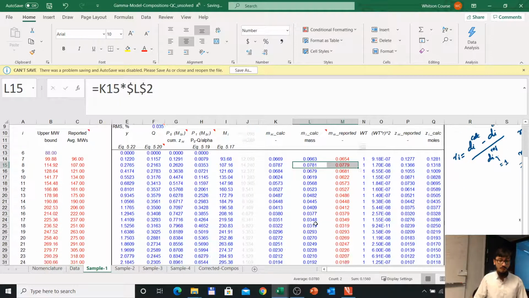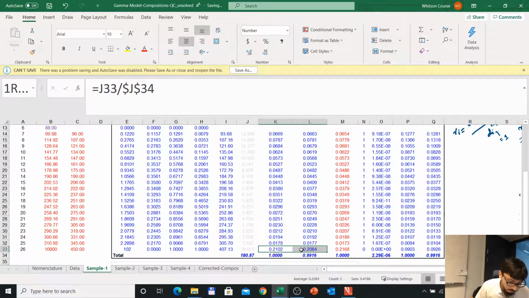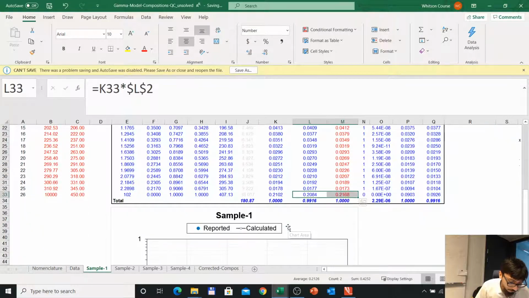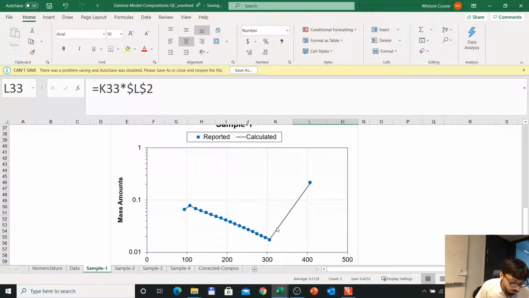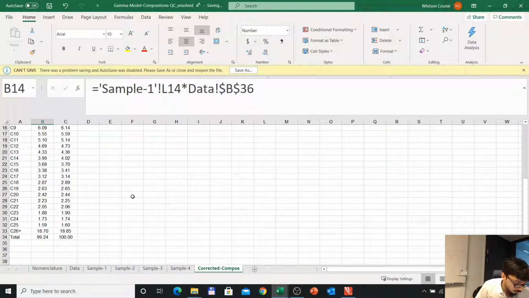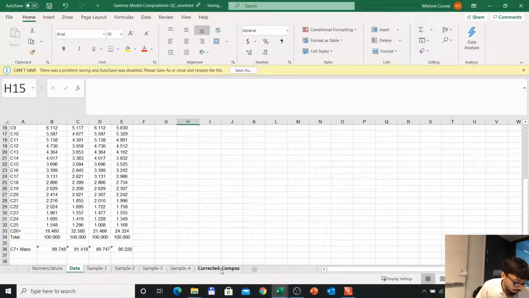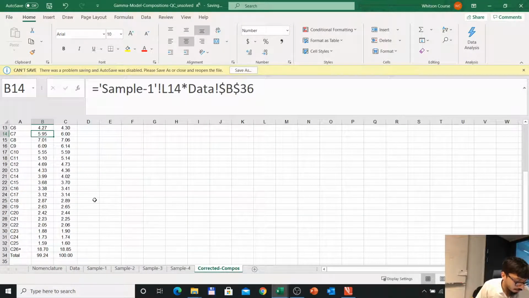It's a very good match, but you cannot force the model to match each component with pinpoint accuracy, and you also have some mismatch in the heaviest fraction. But we can see that this composition is very close to what we have from the lab data. So it's a good composition.